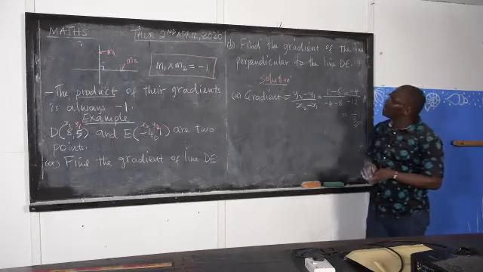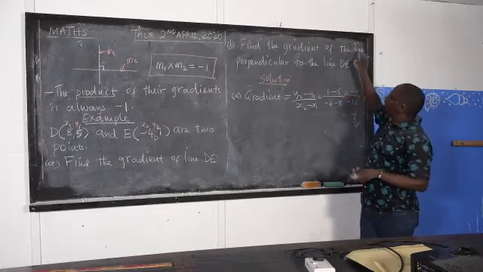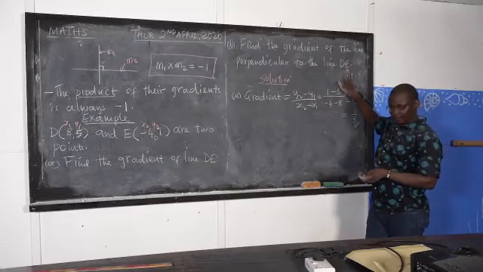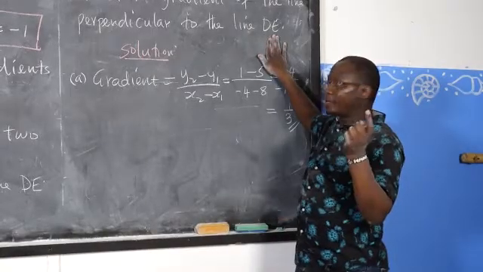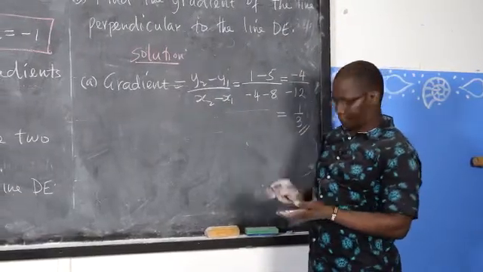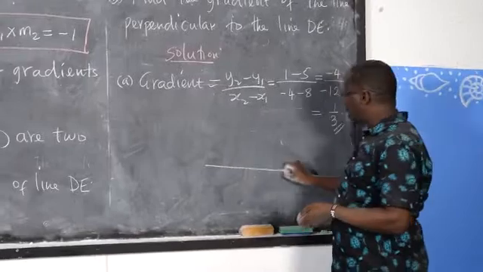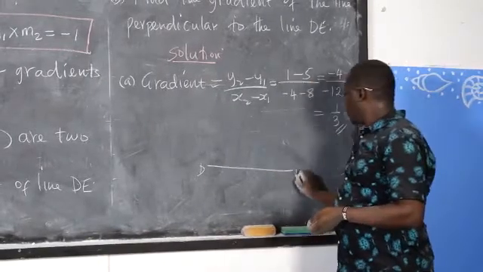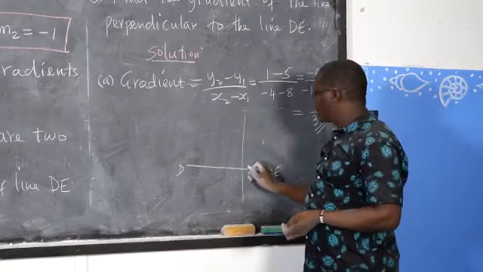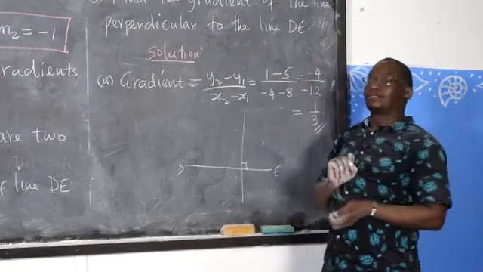For the second part, we are told to find the gradient of the line perpendicular to DE. Means we are talking about the line that meets the line DE at 90 degrees. If we have this as our DE, the line that is perpendicular to line DE is any line that meets DE at 90 degrees.